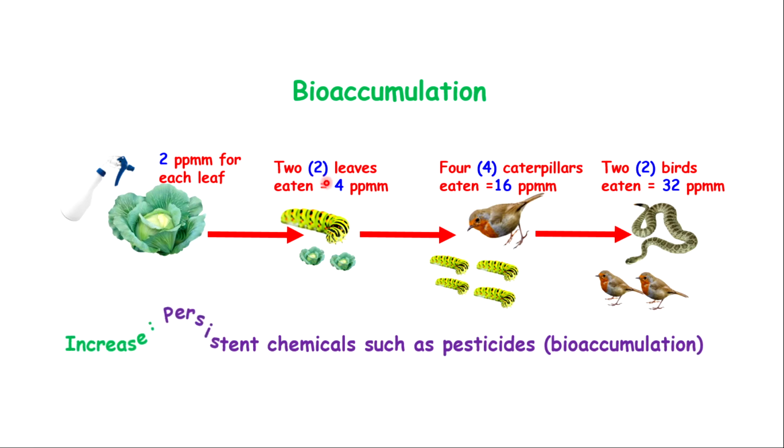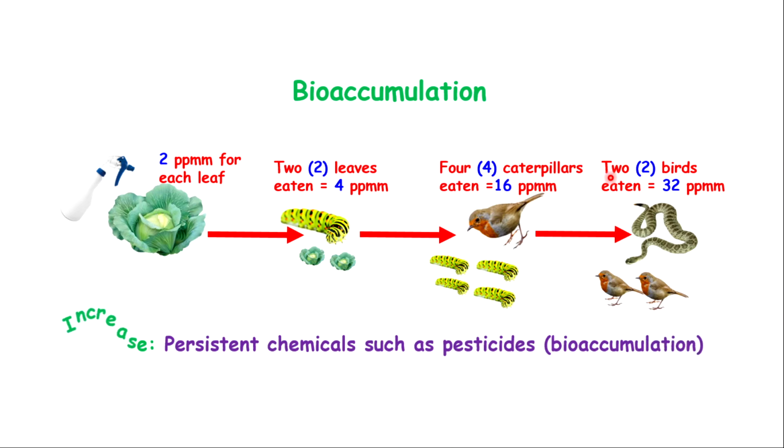Now, let's say the caterpillar eats only 2 of the cabbage leaves. Remember, if each cabbage has 2 and the caterpillar eats 2, then you multiply 2 by 2, you get 4. So you get 4 parts per million in each caterpillar.